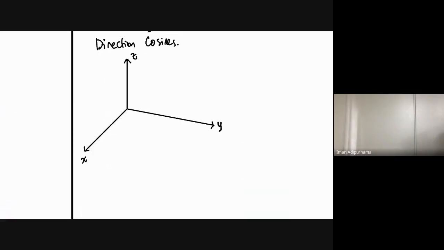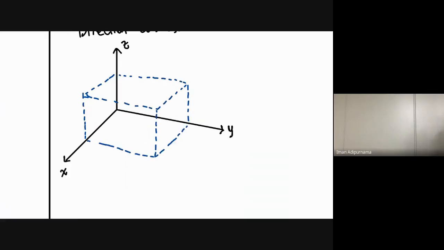Let's say, it should be a rectangular object, but I think it's not really rectangular. But I hope you can see that this is rectangular. Okay, it's really bad.